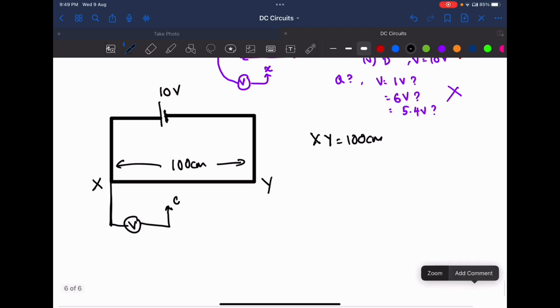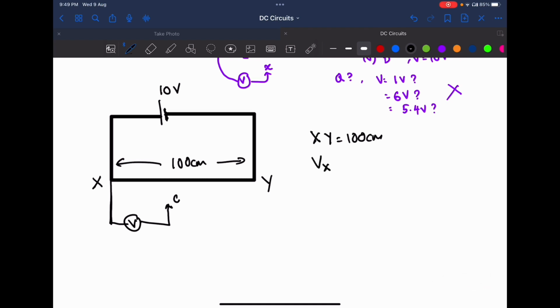So what we are trying to find here is that the VXY, the potential difference across the XY, is 10 volt as well.